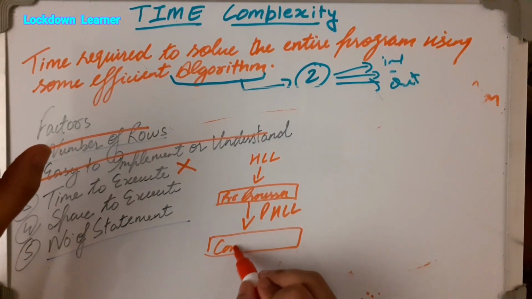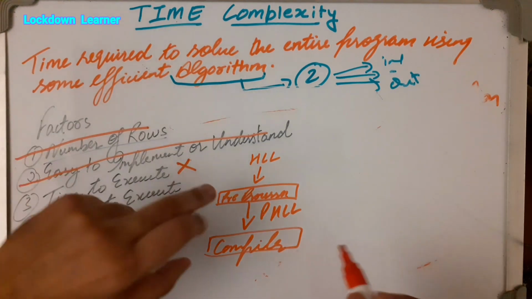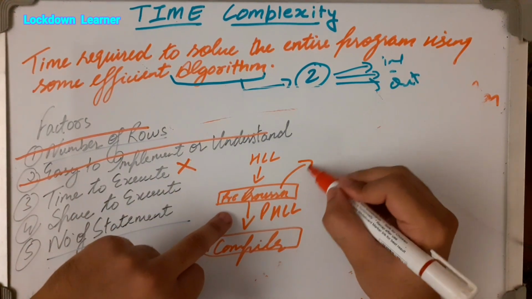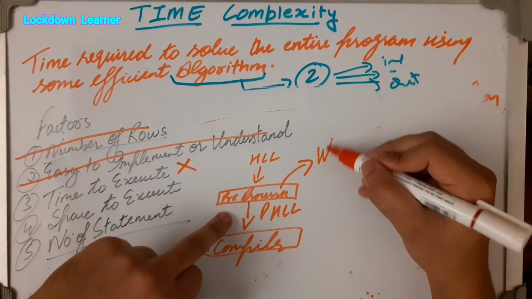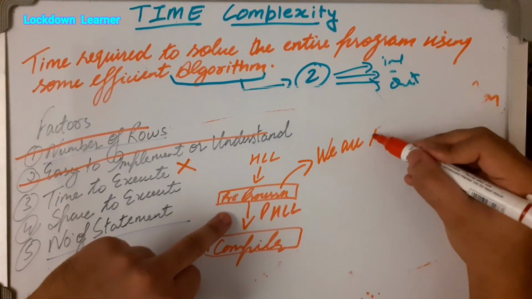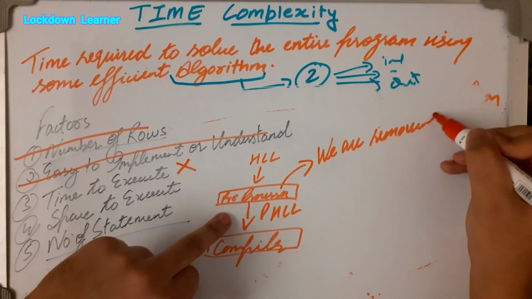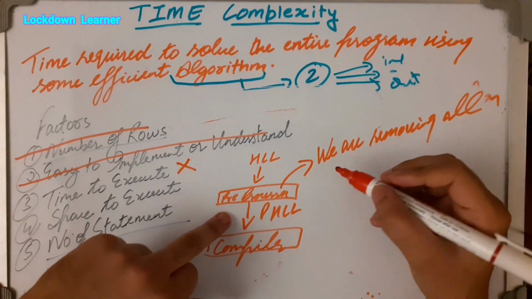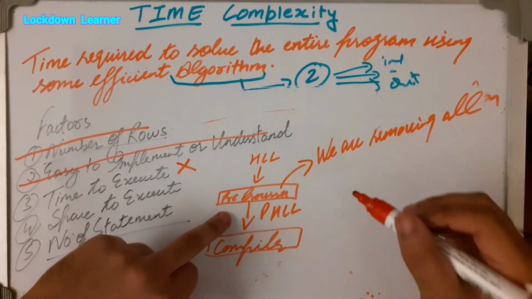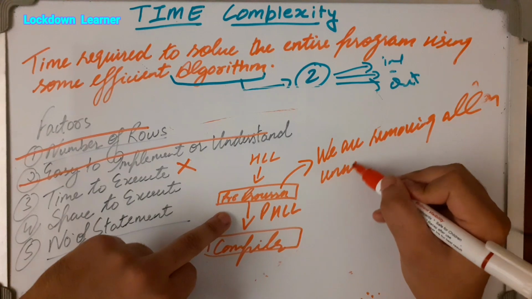You all know there are further steps like assembler, linker and loader. In the preprocessor step, we are removing all unnecessary information.